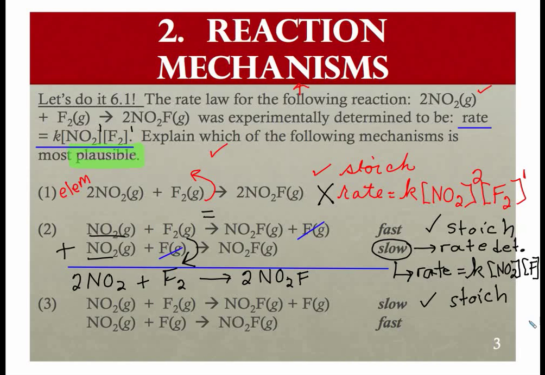Okay? Now, there's a problem with this one. F is not a catalyst. You'll see why soon, and you do know catalysts speed up a reaction. You know that much. It's not a catalyst, and it doesn't show up in our overall. So this cannot show up as part of our rate law expression. And so this is not plausible.